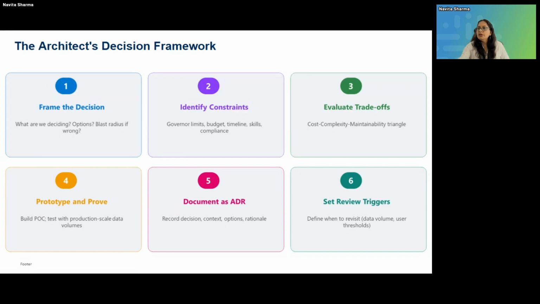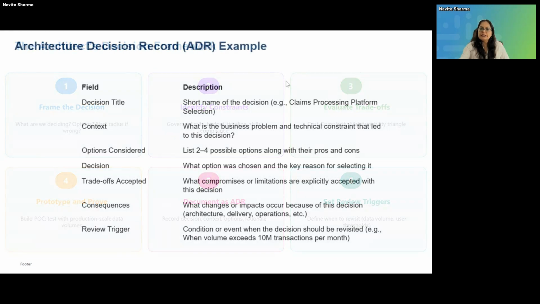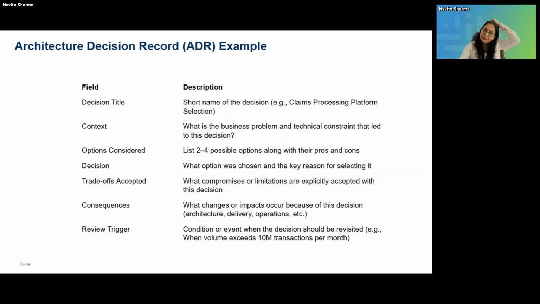Yeah. So let me go through an architecture decision example, and we will see some of these points covered again. We start with the decision title, which is a short description of what it is all about. It should be enough for someone to understand, so for example, we should not say "integration approach."